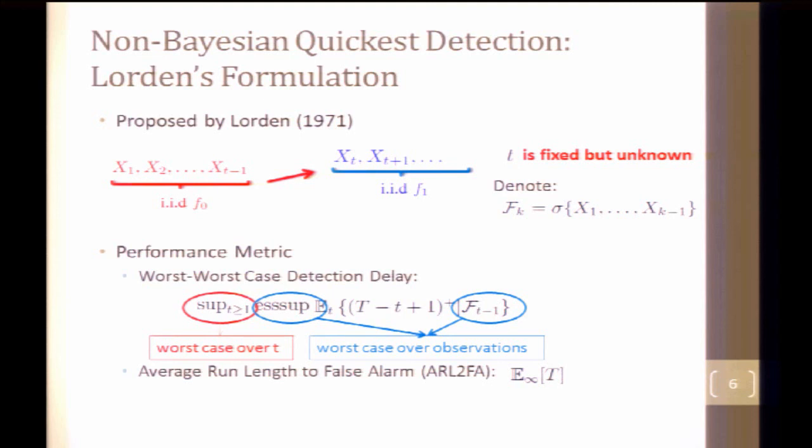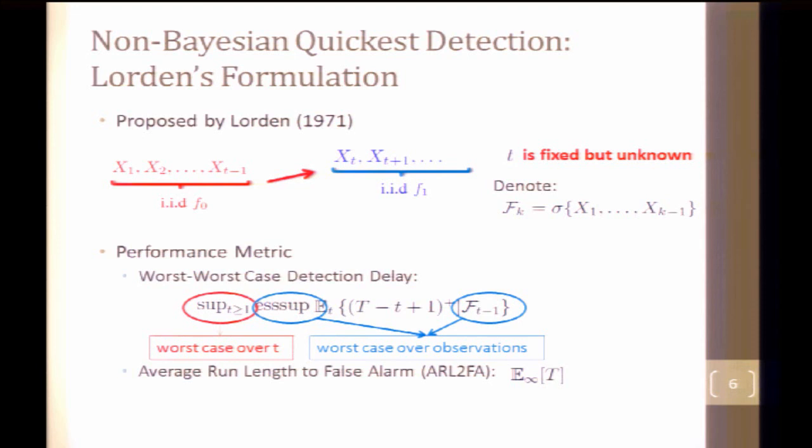Even if there's no change, your scheme is going to raise an alarm anyway. What we are trying to bound is that if there's no change, your scheme should not raise an alarm too often. This measures the average time between false alarms. If this is bigger, you are not going to raise false alarms quite often.